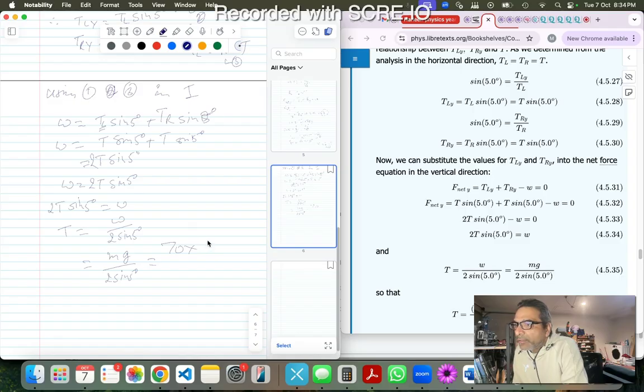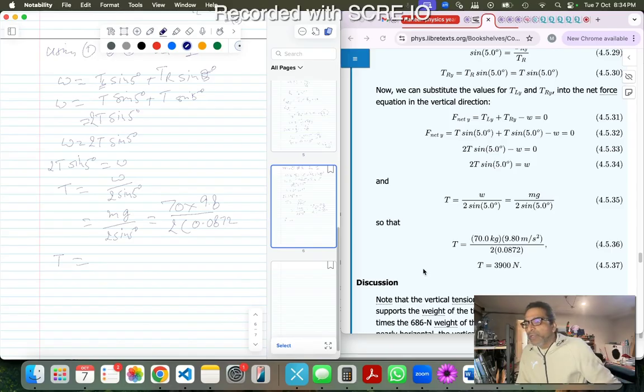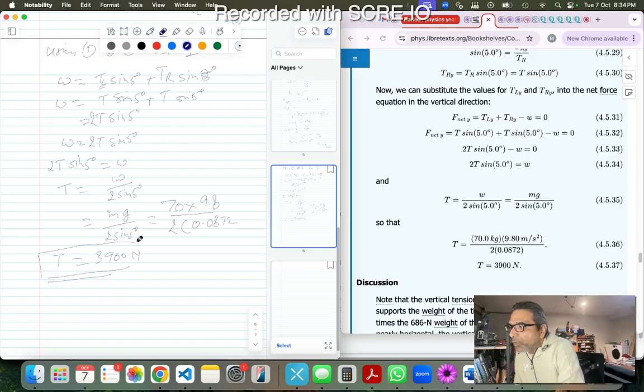Okay, 0.0872. So 70 into 9.8 over 2 times 0.0872. So that's why T equals, what is given? 3900 Newton. This is how you are going to calculate.